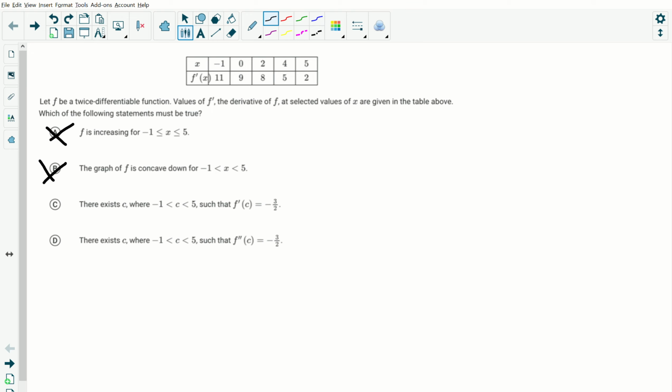Choice C: there exists some c, and as soon as I see that, I'm reminded of either the mean value or the intermediate value theorem. There exists some c such that f prime of c is equal to -3/2. Going in the opposite direction, if I assume temporarily that these are the values of f prime, and f prime's behavior is suggested by these values and nothing crazy is happening in between, dropping from 11 to 9 to 8 to 5 to 2 doesn't mean I pass through -1.5.